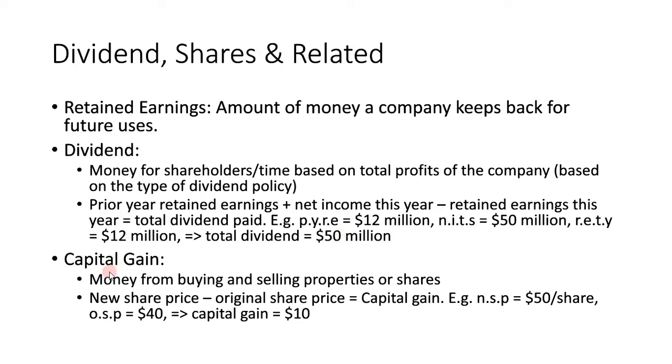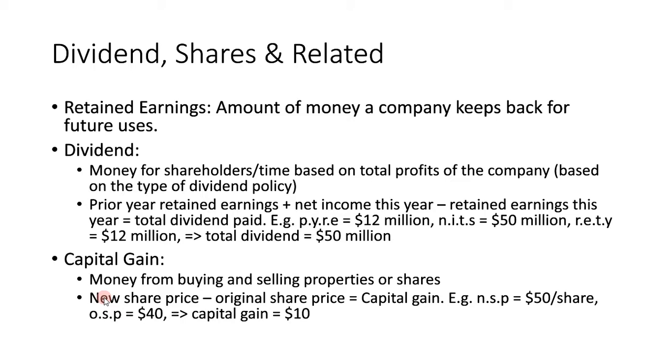Okay, so capital gain is just money from buying or selling properties or shares. This one is the equation for the shares, and the equation for properties is pretty much similar. For the shares, you take the new share price minus the original share price, then you get the difference between them.